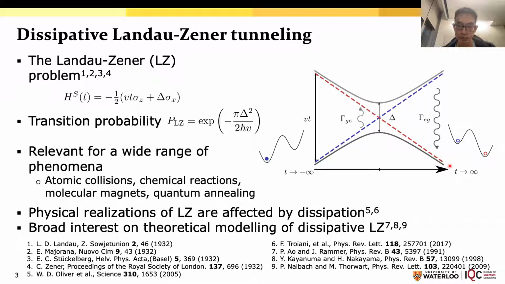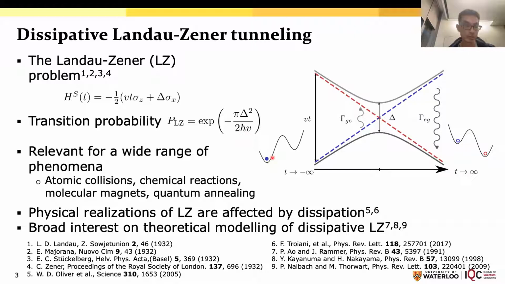So the question is, if you start in the infinite past in the ground state, that is this blue state here, what is the probability to find the system in the blue state at the end of the sweep, given some tunneling amplitude delta and the sweep velocity v? In the coherent limit, this problem is solved, and the transition probability is given by this expression here, which depends exponentially on the tunneling amplitude and the sweep velocity.